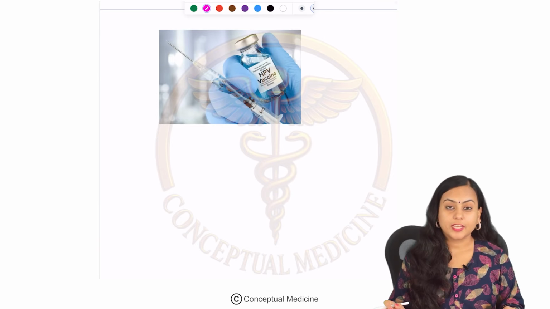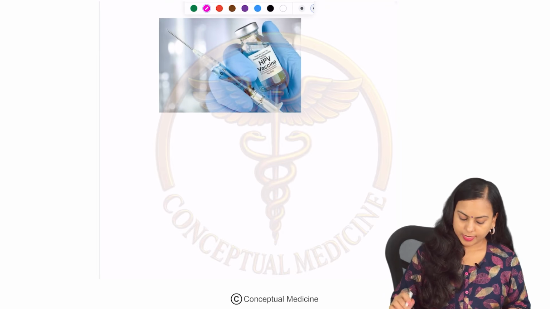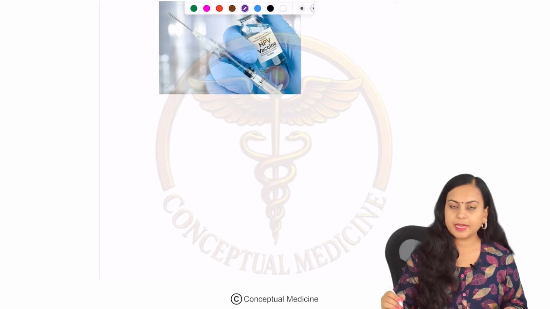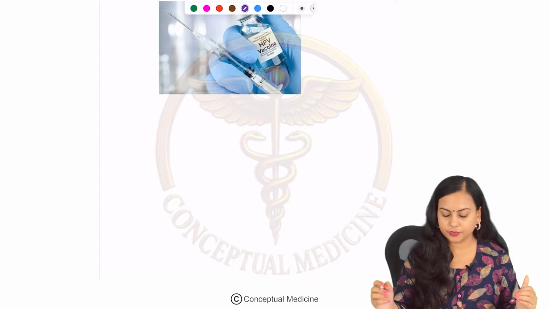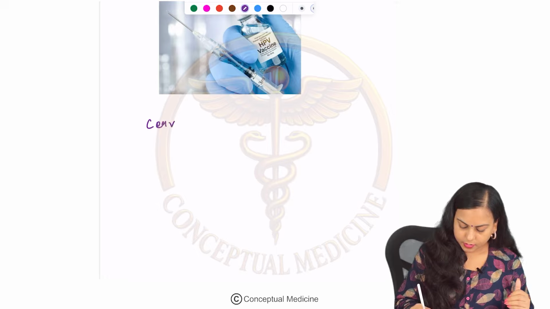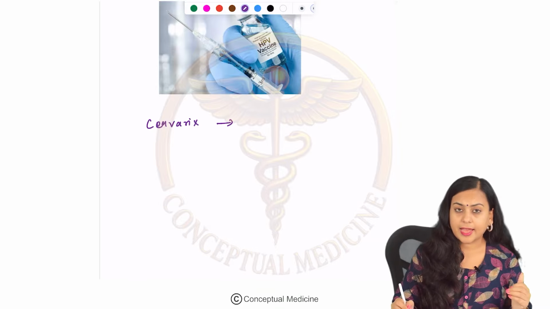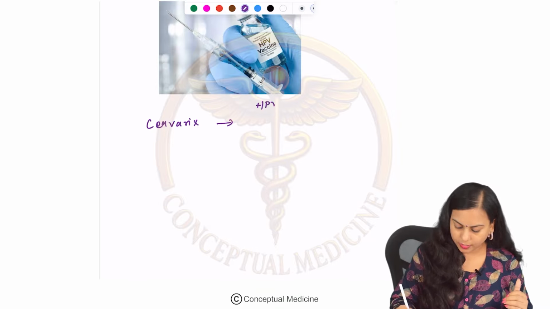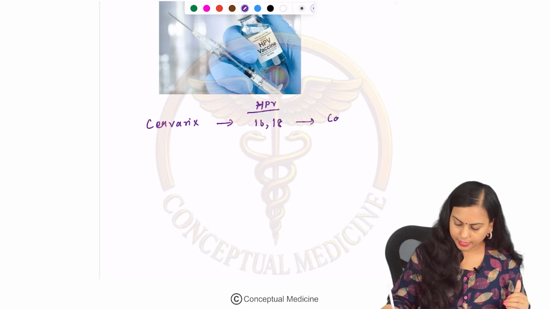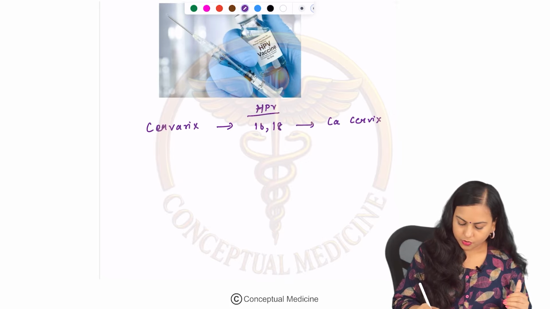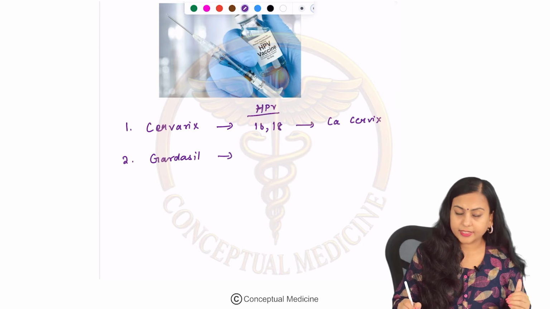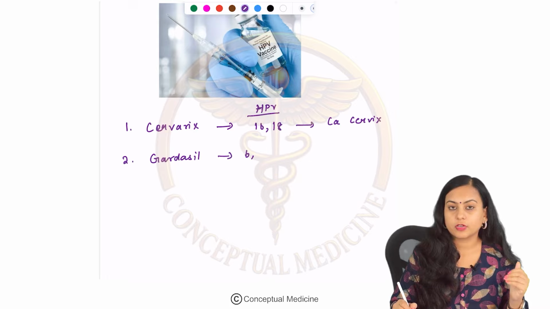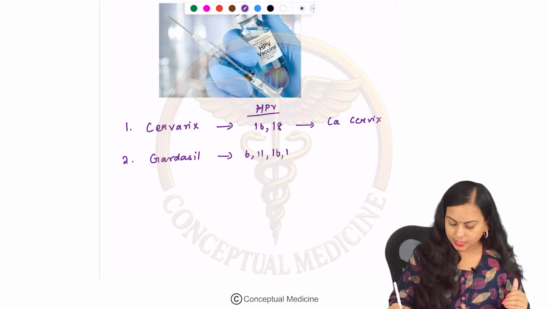Now, let's talk about the HPV vaccine. There are mainly 3 types of vaccine that are active against almost all the types of human papilloma virus. We have the Cervarix vaccine that is active against HPV serotypes 16 and 18 and gives protection from cancer cervix. Also, we have Gardasil that is active against the lower HPV serotypes also, like 6, 11, 16 and 18.